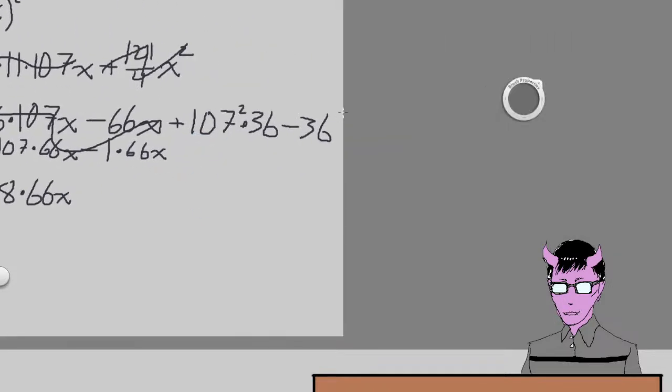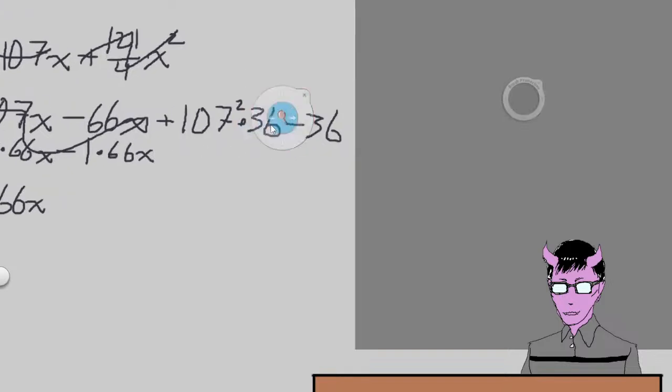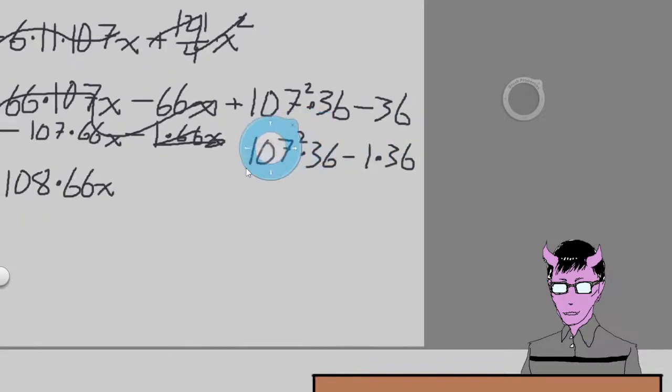So that's gone. Here is also the same phenomenon as well, but oh, this is bad though. This is a bad number. Okay. Here's how I like to think about it. This is 107 squared times 36, and we're taking away 1 of those 36's.